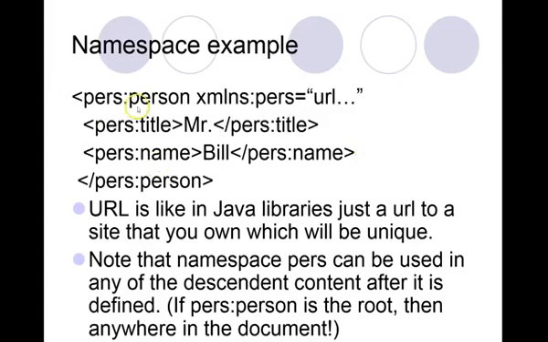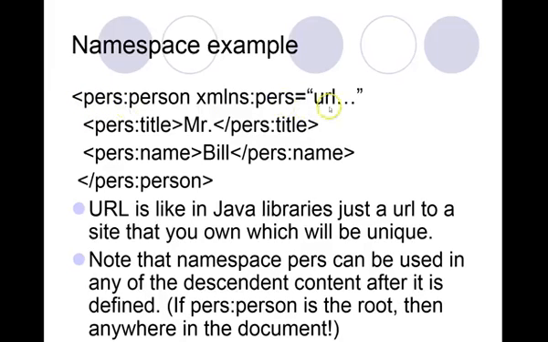So here's how this works. This slide is somewhat abbreviated. On the first line, we would have the XML declaration, which would have the less than, question mark, XML version equals 1, etc. And then here we have the definition for a namespace. So this xmlns means namespace, and it's defining the namespace to have the prefix of pers. So pers:person says, okay, here's a namespace called person, and its prefix is pers.